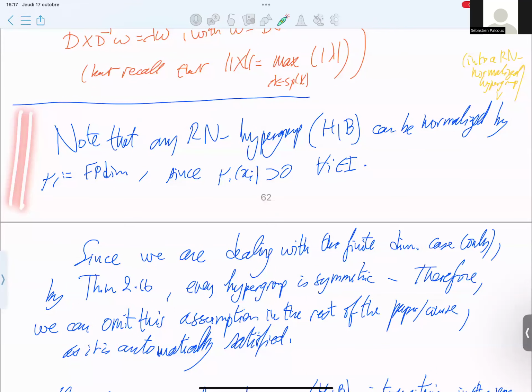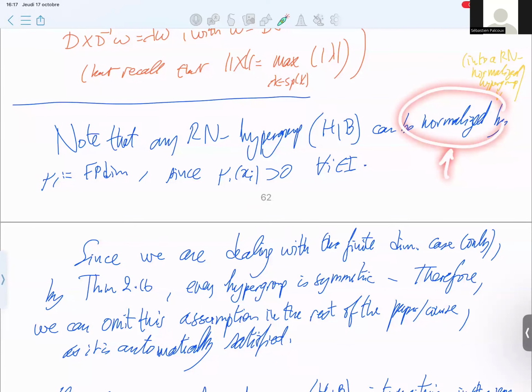So here I realize that in the initial definition of normalized, the definition does not involve a linear character, but just involves the existence of a normalization with some property about the unit, etc. And then we prove that normalized is equivalent to the existence of a linear character. So maybe this sentence is not in advance.